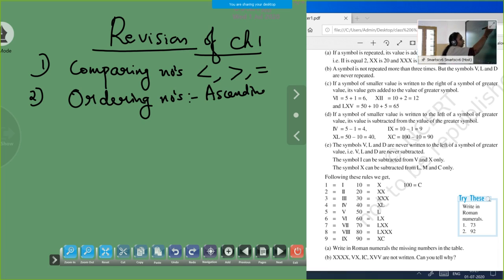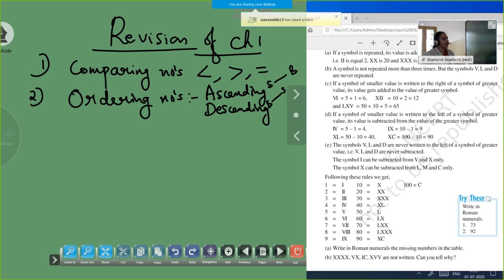Okay, these two you have learned in ordering numbers. Ascending means small number to big number. Descending means big number to small number, right? In ascending we use the sign lesser, and in descending we use the sign greater.